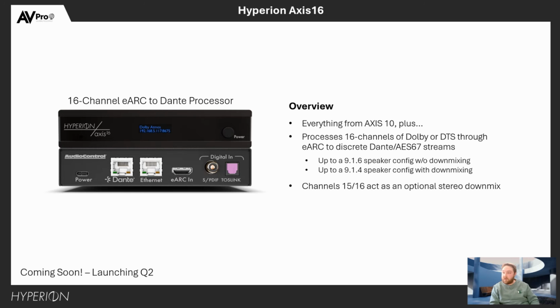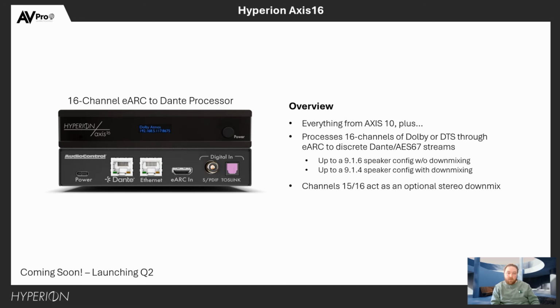The difference with the Axis 10 is that its extra 2 channels are always active. With the Axis 16, channels 15 and 16 can be an optional downmix, right? So if you don't need a stereo downmix and you want the full 9.1.6, great, you can set it up like that. But if you do still need that stereo downmix, then you can turn channels 15 and 16 into that, which would then reduce the multi-channel config to a 9.1.4 output.